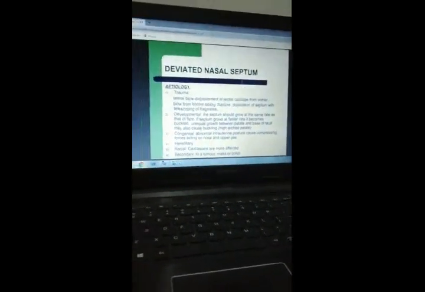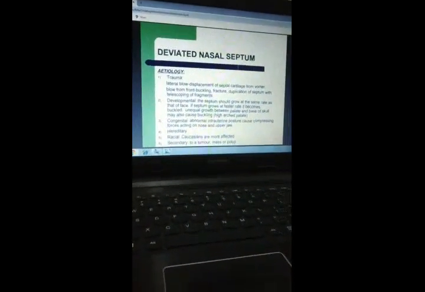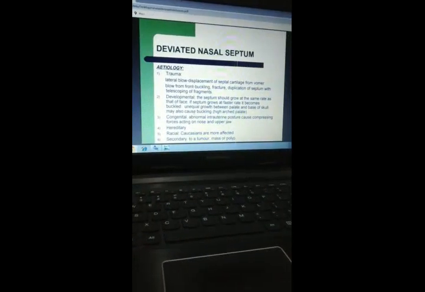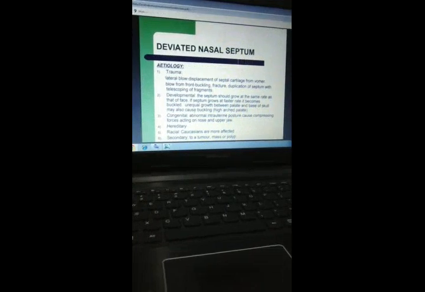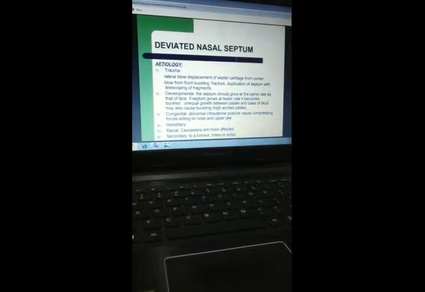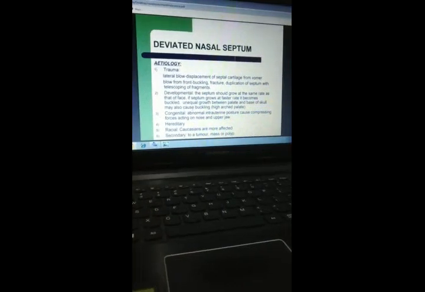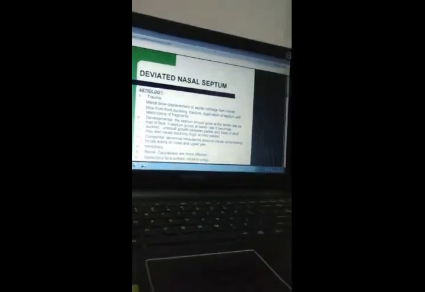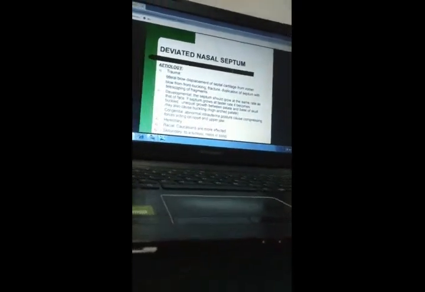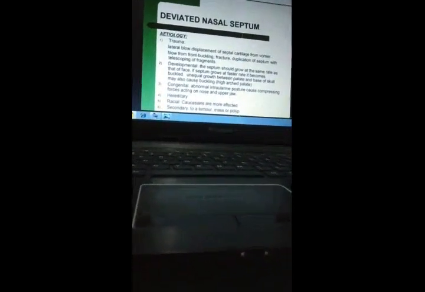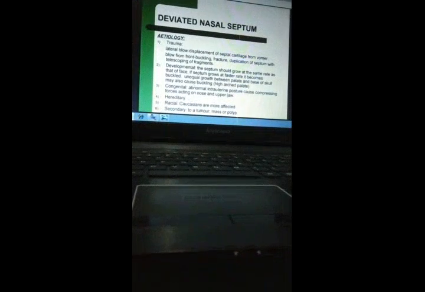Now, what is the etiology of the deviated nasal septum? The etiologies are, first, trauma. In trauma, it may be at birth time even, when there is difficult labor and the nose is pressed during the passage in the birth canal, causing DNS later on.